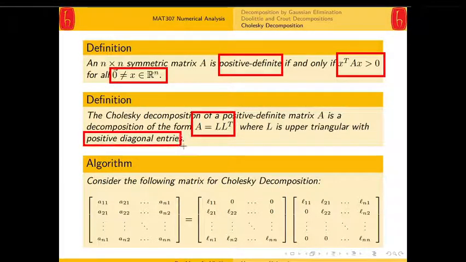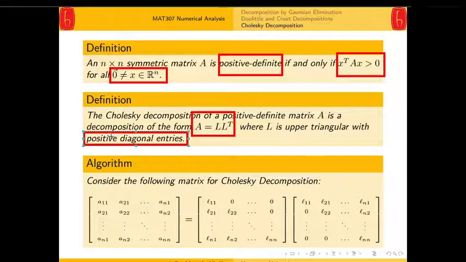This is again important because you'll see we can come up with positive and negative diagonal entries in the process when we are trying to find the Cholesky decomposition. So we assume that the diagonal entries are positive.